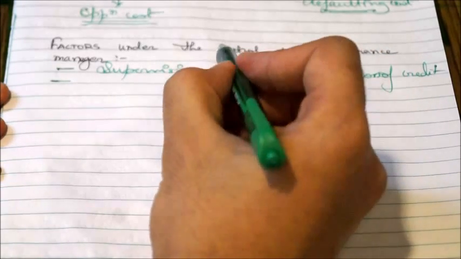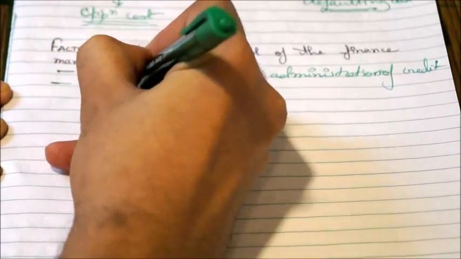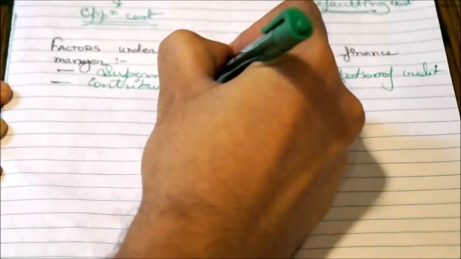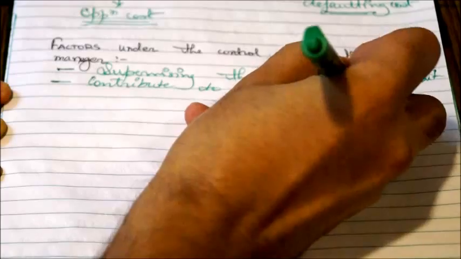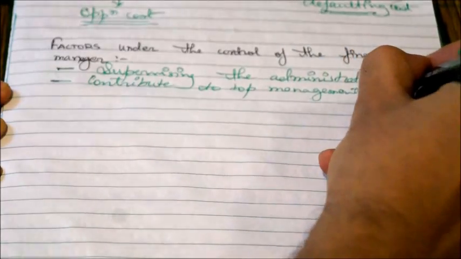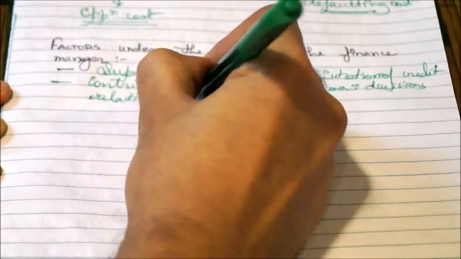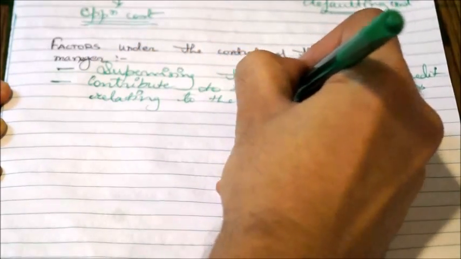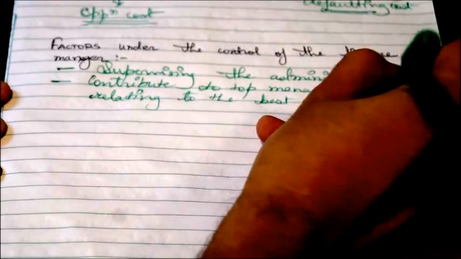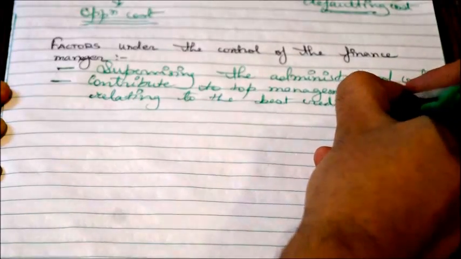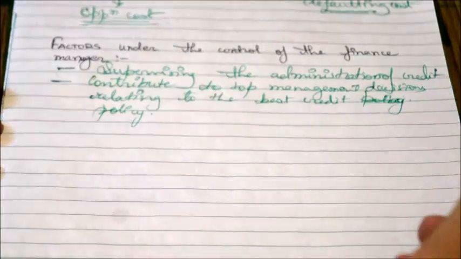The second factor which is under his control is to contribute to top management decisions relating to the best credit policy. What do we understand by this?